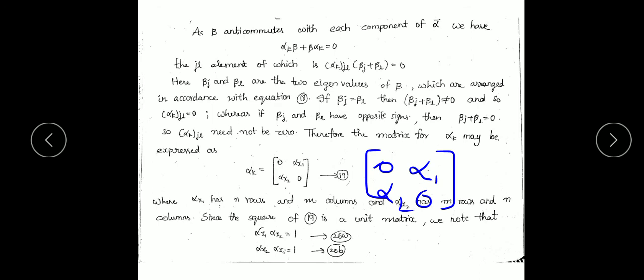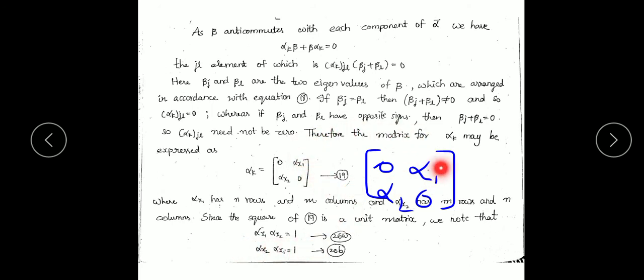And the second term would be 0: 0 into alpha x1, 0; alpha x1 into 0, 0; alpha x2 into 0, 0; 0 into alpha x2, 0; 0 plus 0 as usual. And alpha x2 into alpha x1 plus 0 into 0, that is alpha x2 alpha x1, again equals 1.